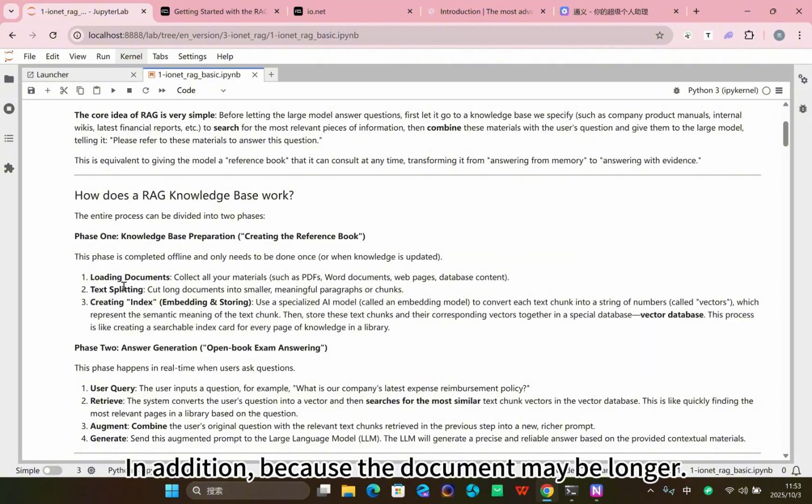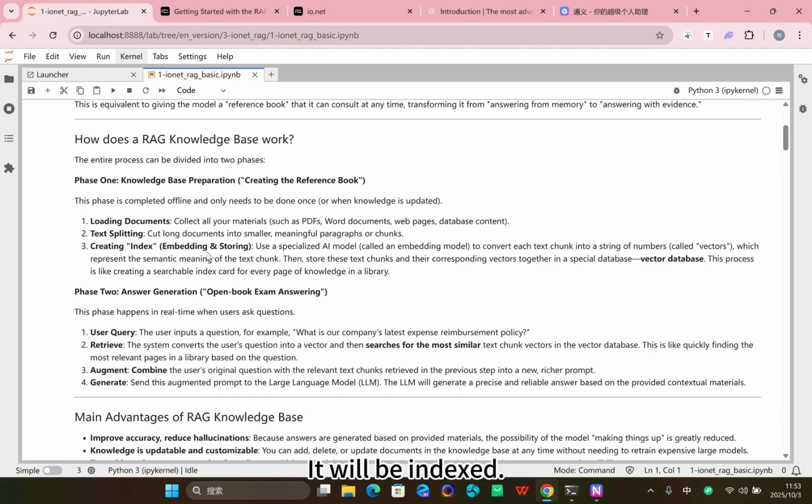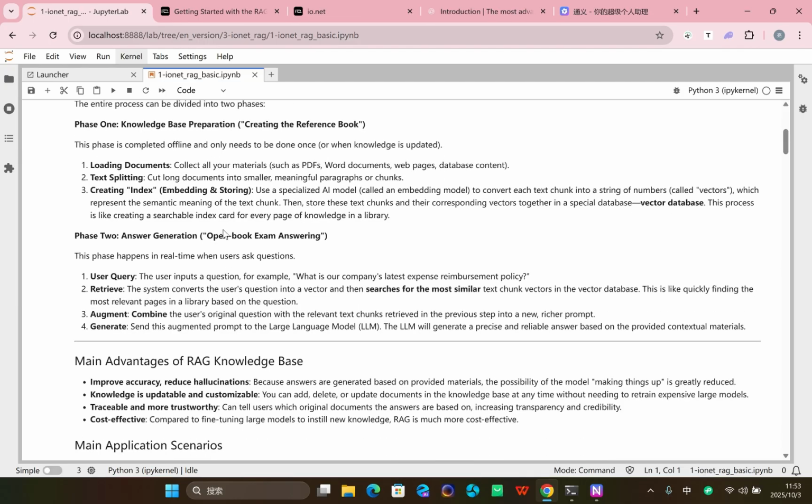Because a document may be long, like a book, I cut it and split it up. The third step is indexing. Of course, here we do a vector index, though it can also be done like a traditional search engine, called an inverted index. Both are okay.